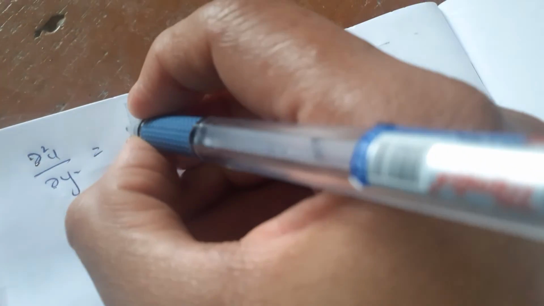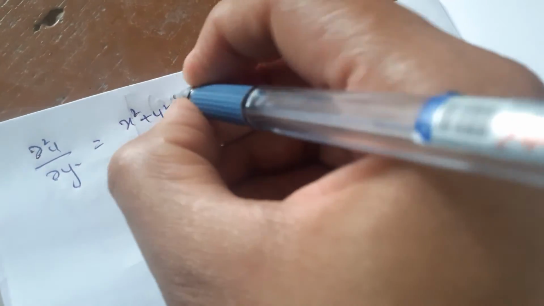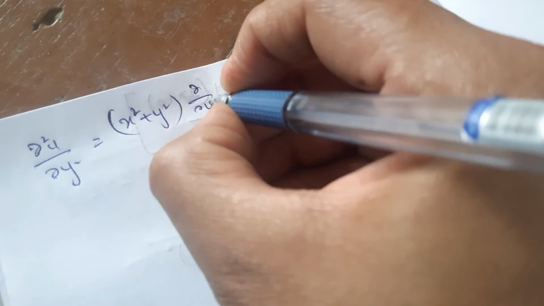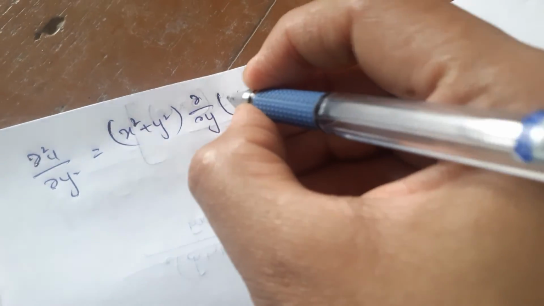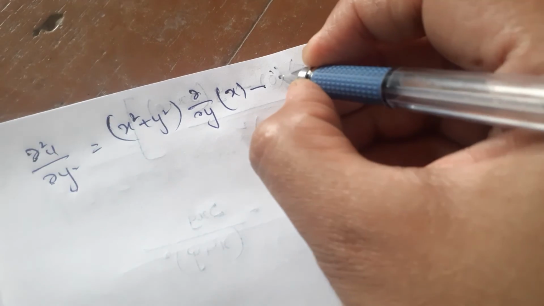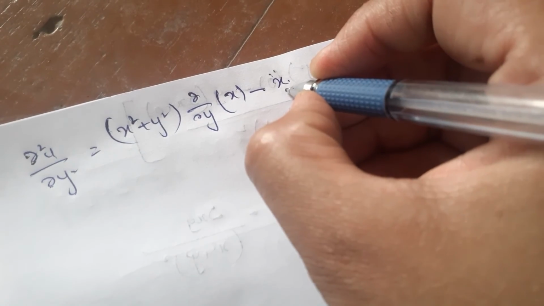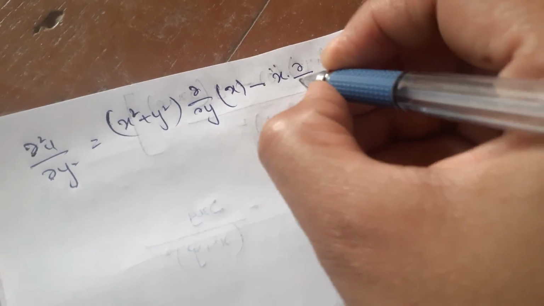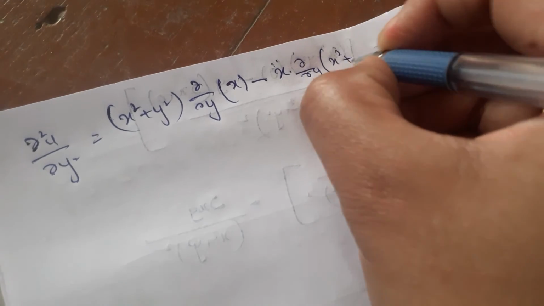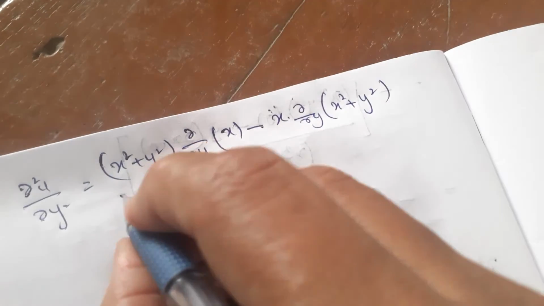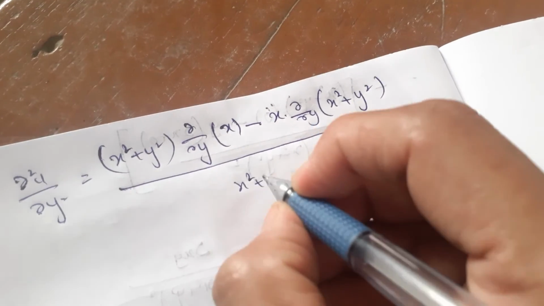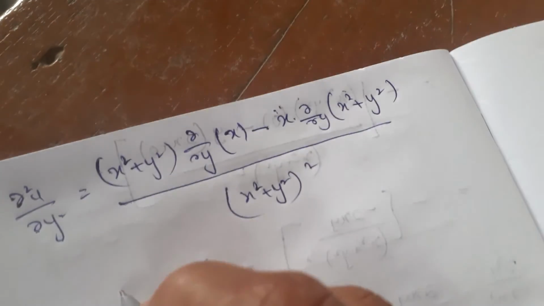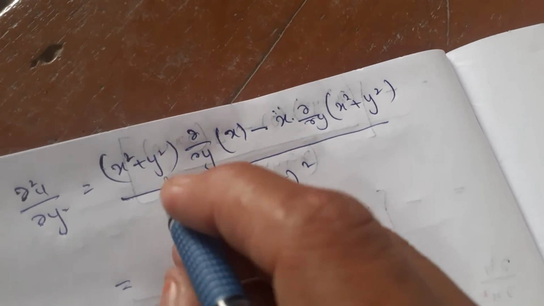Dou square u by dou y square. What is our v? X square plus y square, into dou by dou y of x, minus x as it is, that is our u, then dou by dou y of x square plus y square, by (x square plus y square) whole square. So what we will get here?